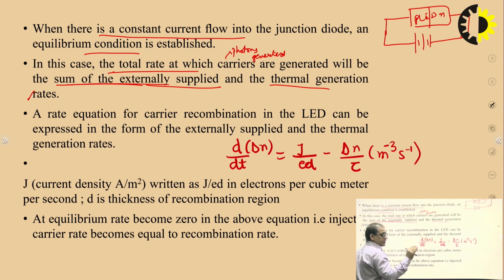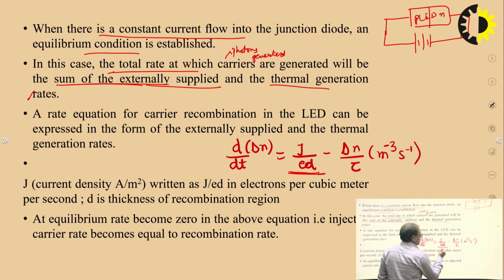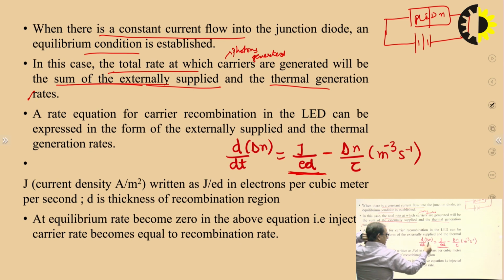This delta n is the electron density, and its decay automatically tells us how many photons will be generated, that is equal to the injected electrons, J by ED, minus the electrons that recombine, that is delta n by tau. कितने नंबर ऑफ इलेक्ट्रॉन्स बचे हैं, दैट मीन्स कितने आप सप्लाई कर रहे हैं और कितने रिकॉम्बिनेशन में चले गए हैं, दैट इज जे बाय ईडी माइनस डेल्टा एन बाय टाउ.